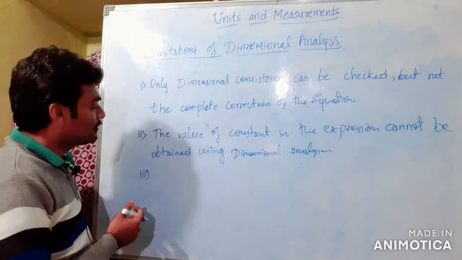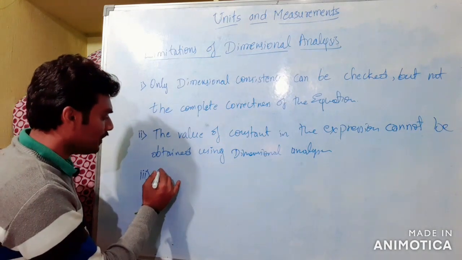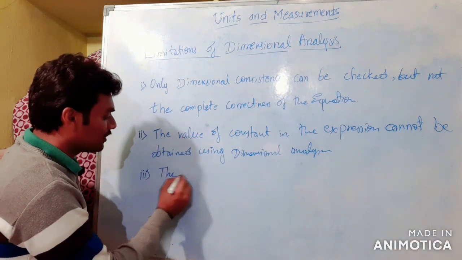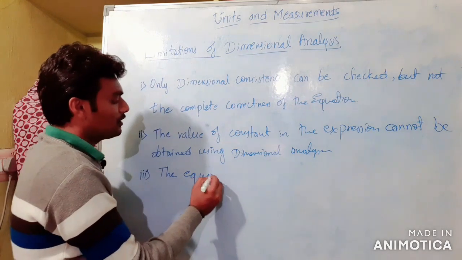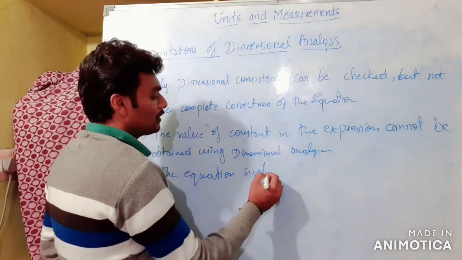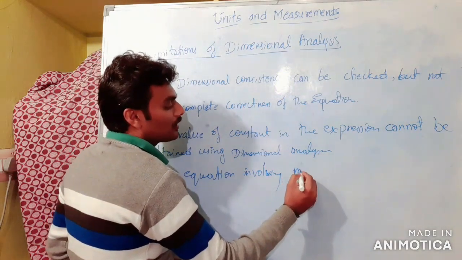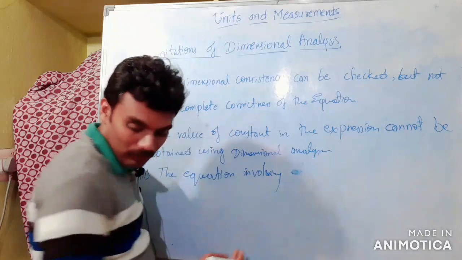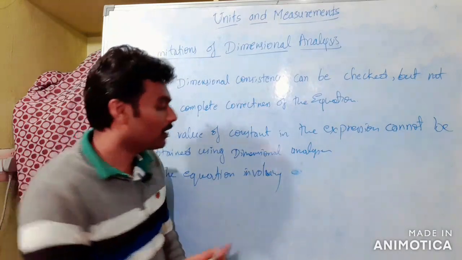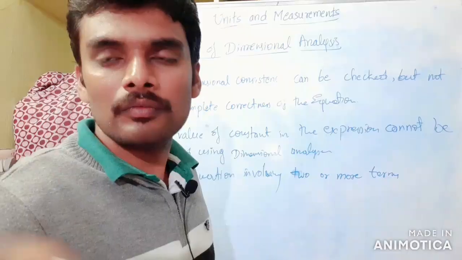And now moving ahead, the third limitation of dimensional analysis is the equation involving more than one term, or equation involving two or more terms.